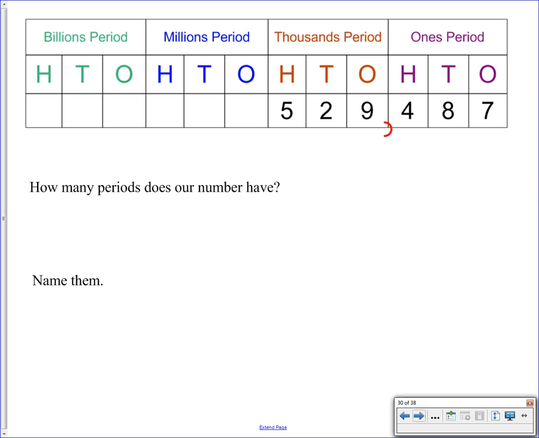So here I have a number, 529,487. As you can see, there's 2 periods. So how many periods does our number have? It has 2 periods. And to name them, they would be the thousands period.